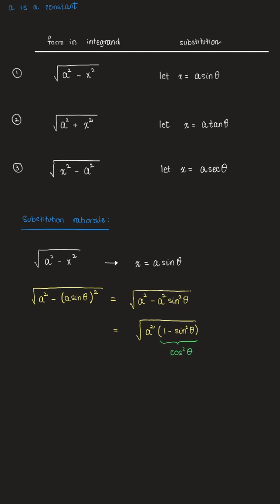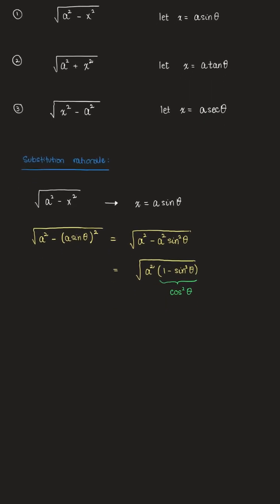And so now we have inside the root a product of perfect squares, a squared cosine squared theta, which we can pull out and write a cosine theta, assuming that we're in quadrants 1 and 4 where cosine is positive.